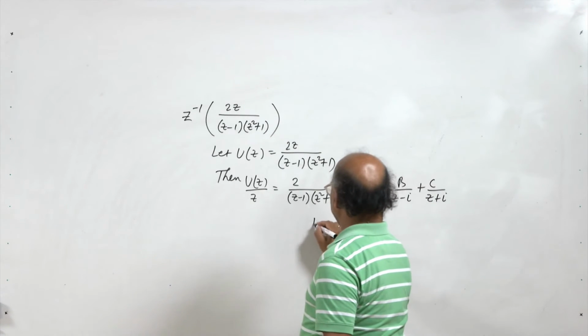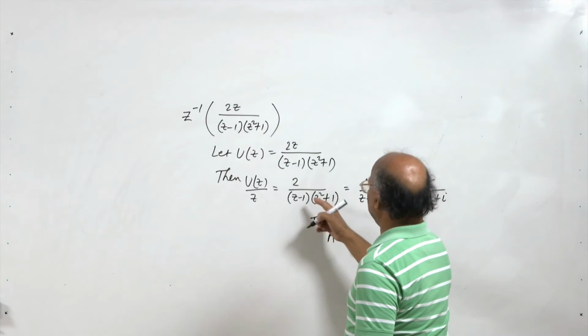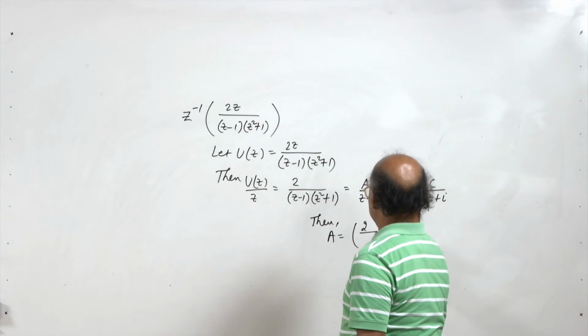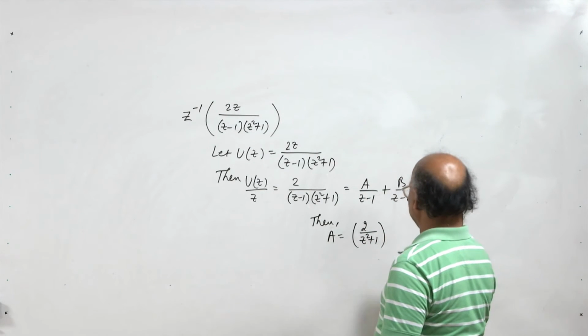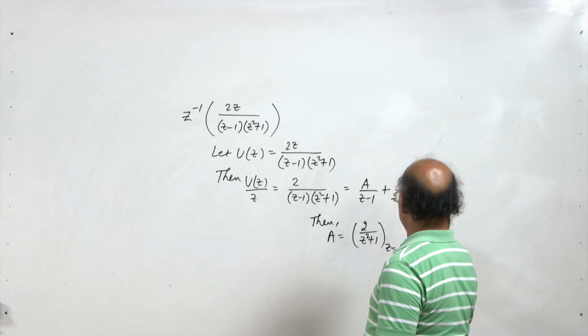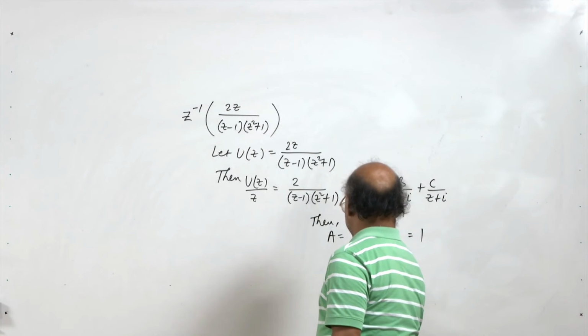Now, A will be equal to put z equal to 1 in 2 over z square plus 1. So, when we put z equal to 1, we will get 2 over 2. So, we get 1. Then B we can find.